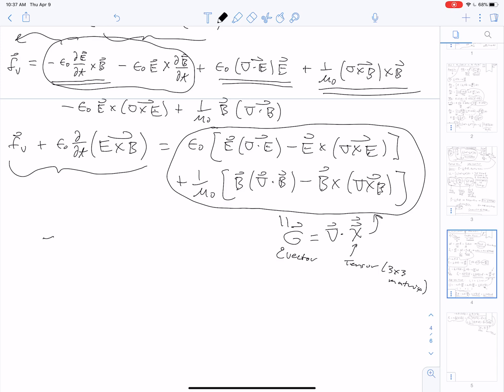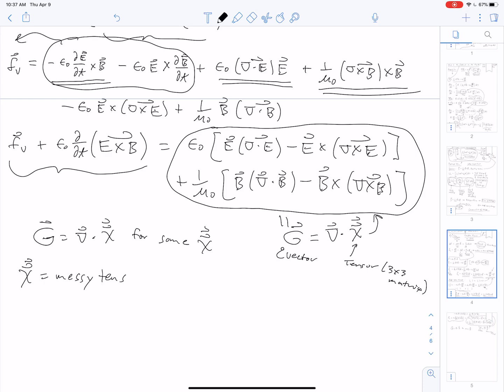I'll write it here. I'll say G equals del dot chi for some chi. And I'm not going to derive chi, because to derive it is a lot of algebra, and it's not worth it for today's lecture. Chi is pretty messy.